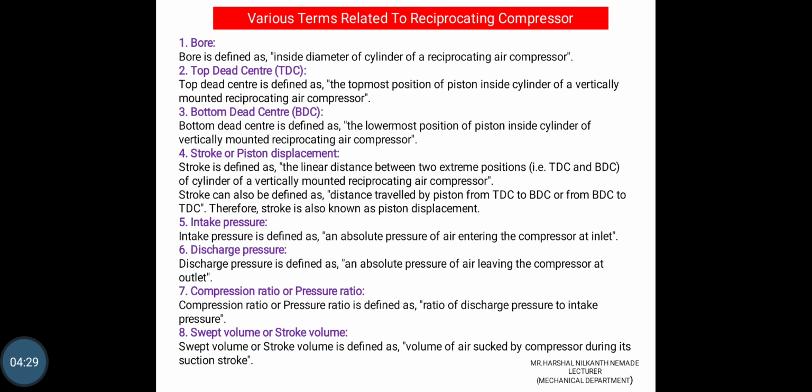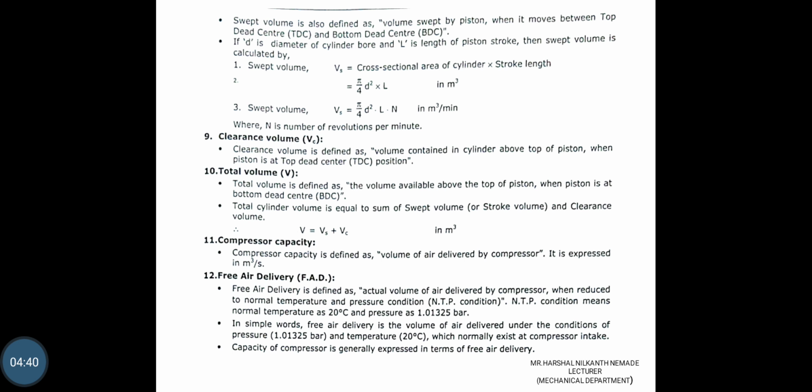Swept volume or stroke volume is defined as the volume of air sucked by the compressor during its suction stroke. It is the volume swept by the piston when it moves between top dead center and bottom dead center.